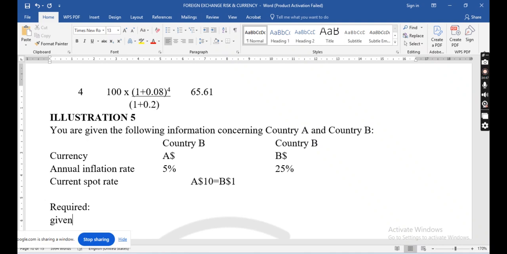Then we also checked how to calculate the depreciation percentage on the currencies and how to get it when the currency is appreciating. We used the formulas and we did three illustrations today. That's it.